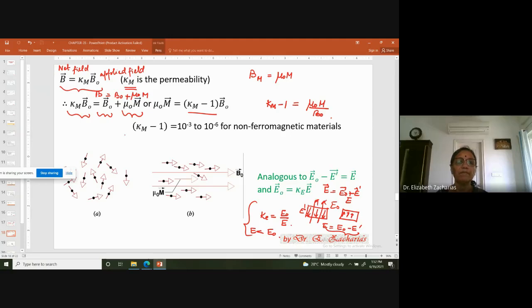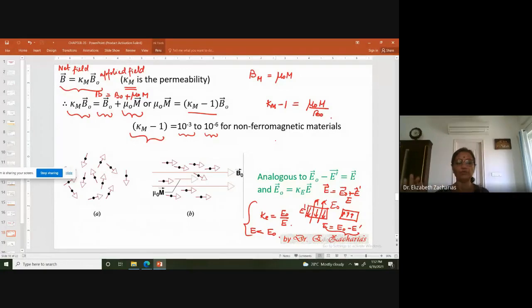Now, this kappa M minus 1 has a lot of significance. If kappa M minus 1 is very, very small, that is, if kappa M is very close to 1, then the material has not made any effect to your applied magnetic field. Kappa M minus 1 being 10 to the power of minus 3 to 10 to the power of minus 6 means the material is non-ferromagnetic.